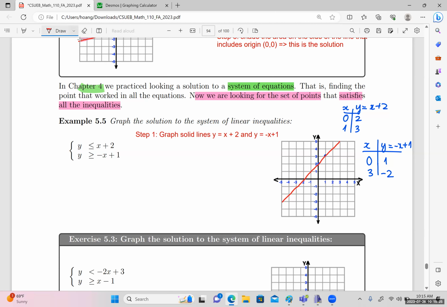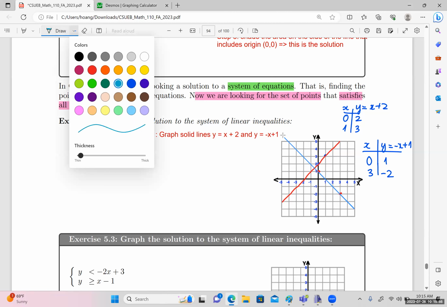This is 0 and 1, and then 3, negative 2. Okay, so we'll use another color maybe.